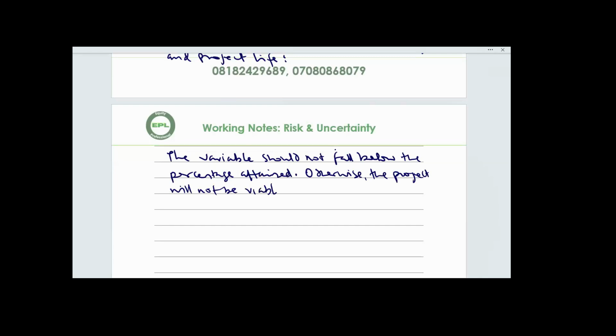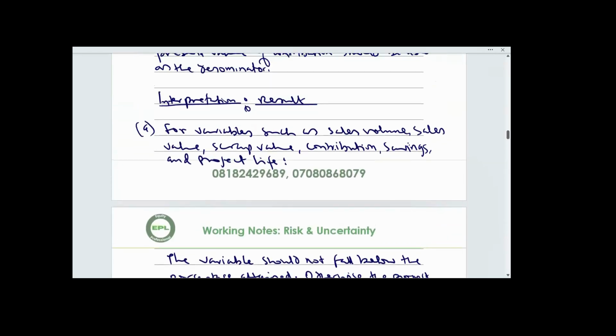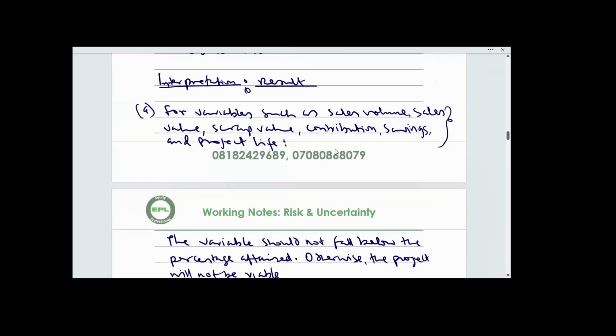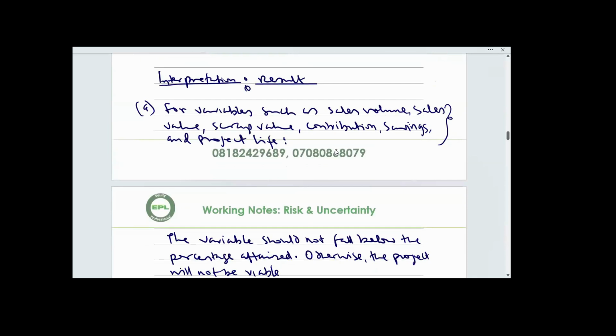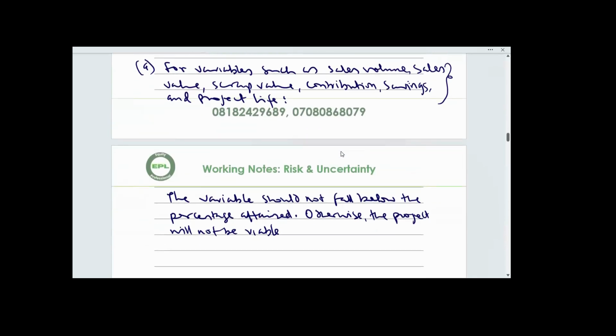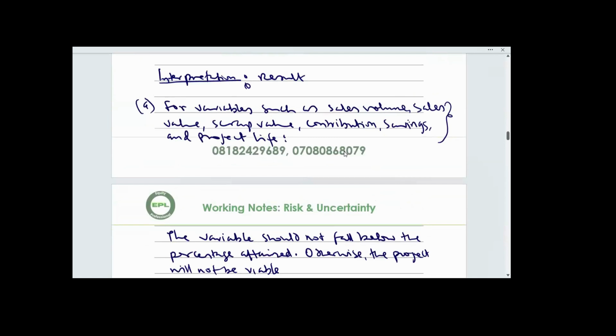So what this simply means is that if any of these variables falls below the percentage you have calculated, then the project NPV will become negative, which means that the project is not financially viable.